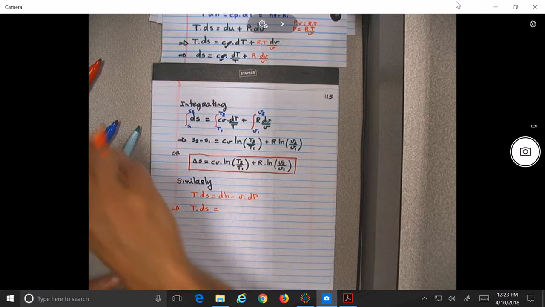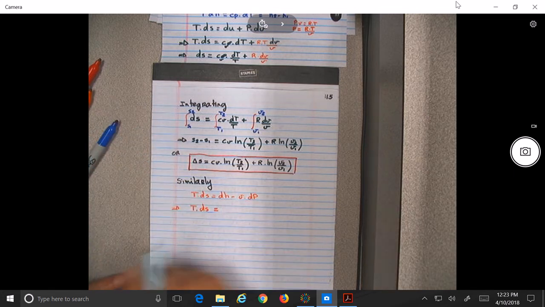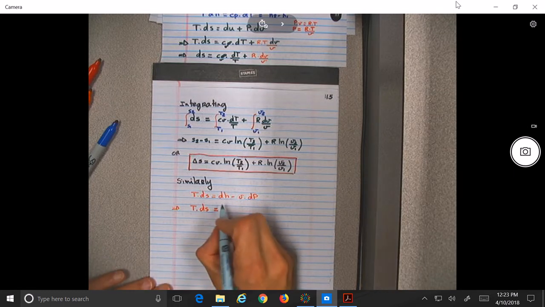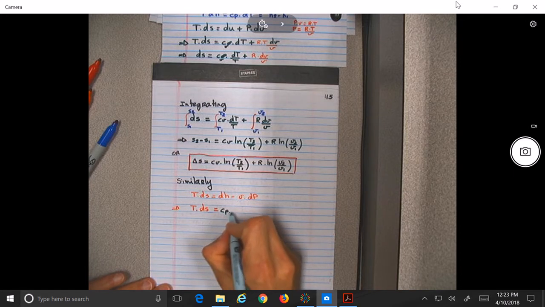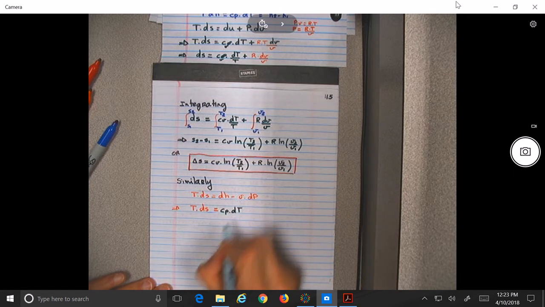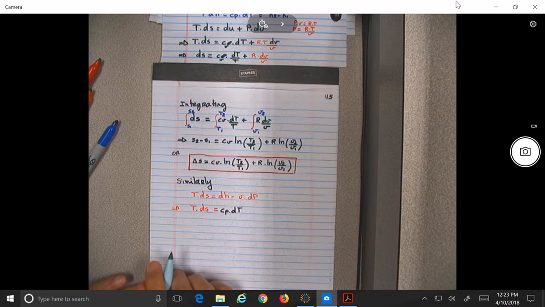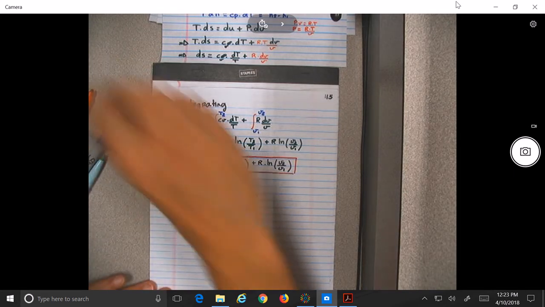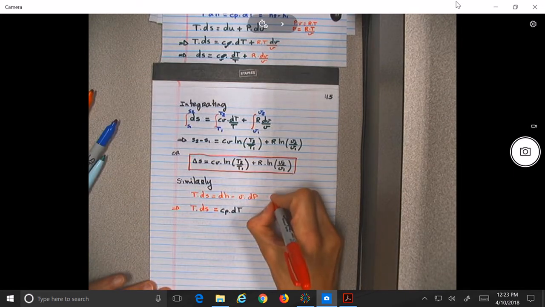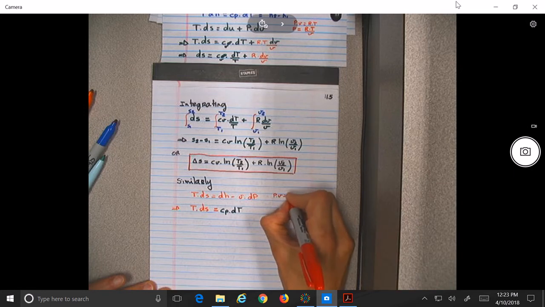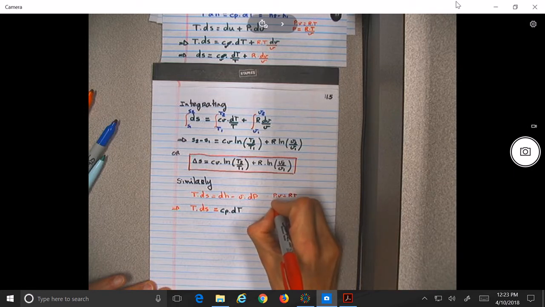So let's see, what is dH? Cp dT, no? And if we use the ideal gas relation PV equal RT, V will be equal to what?